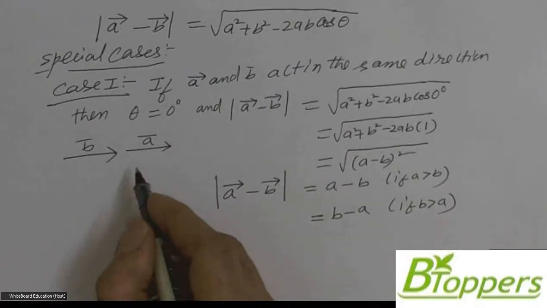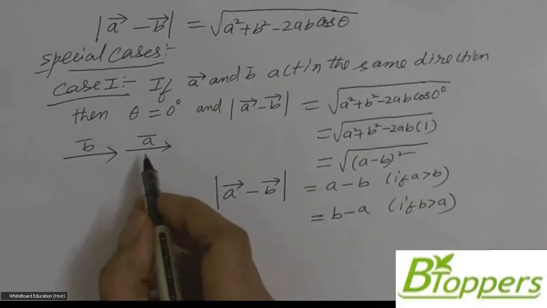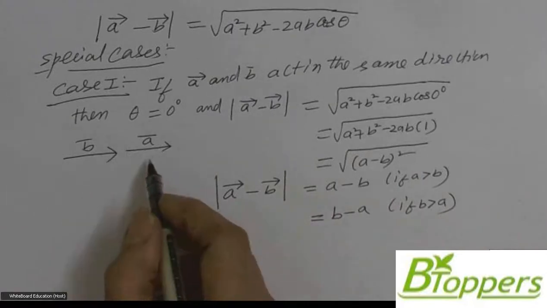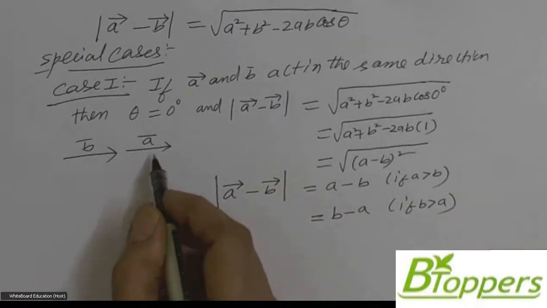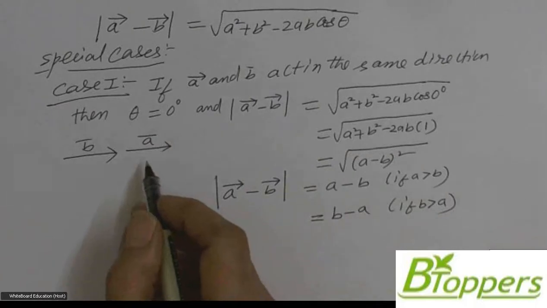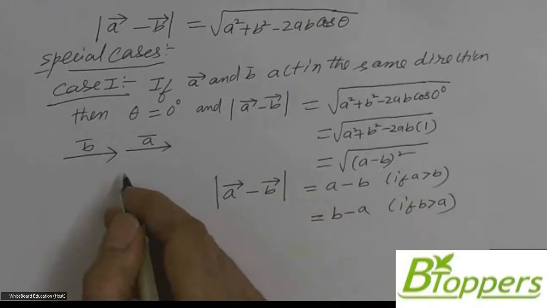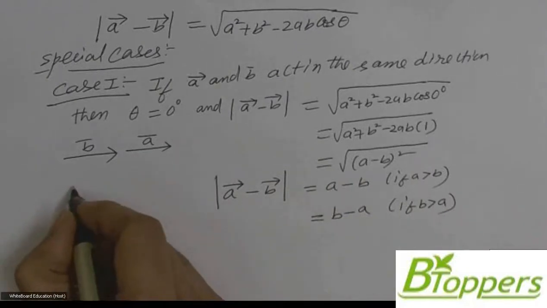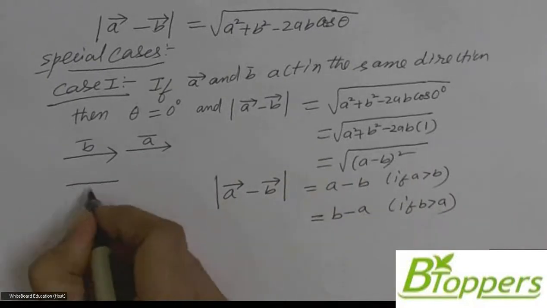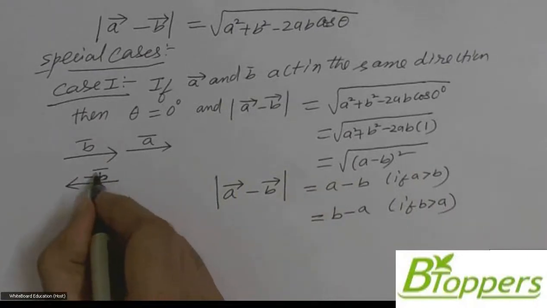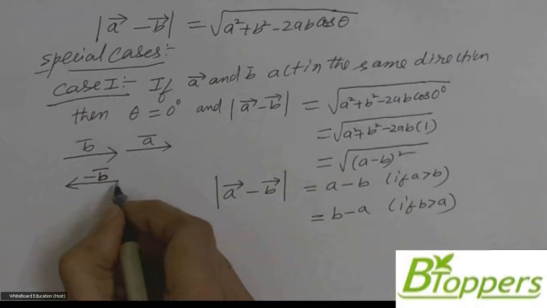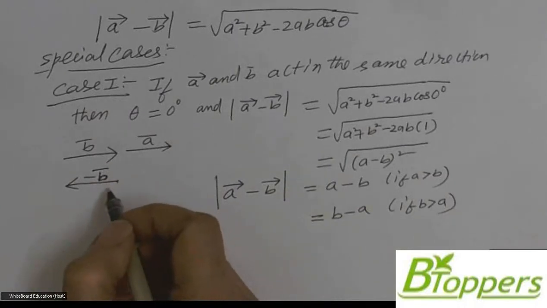as we have discussed previously, a bar minus b bar is defined as the vector sum or resultant of the two vectors a bar and minus b bar. From the definition of negative vector, the vector minus b bar will have the same magnitude as the vector b bar, but acts in the opposite direction.